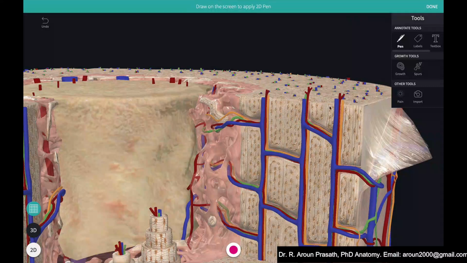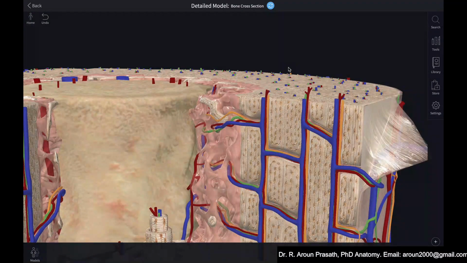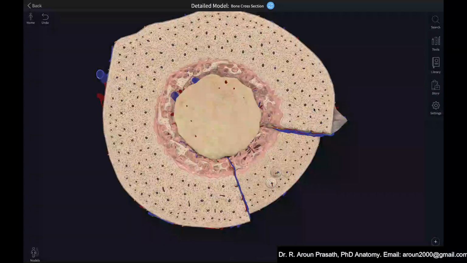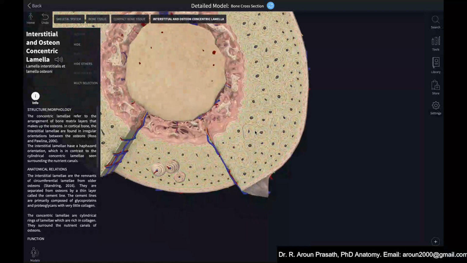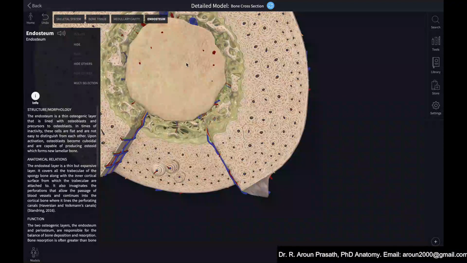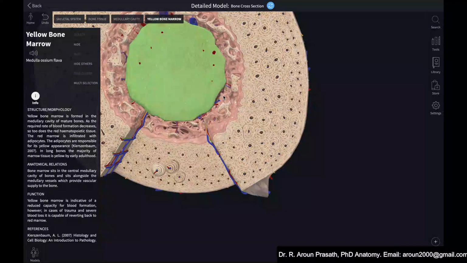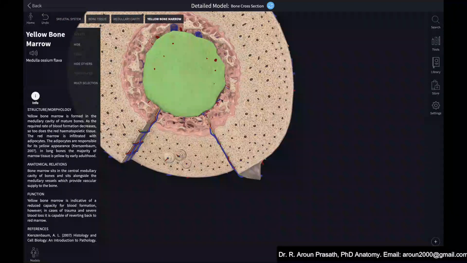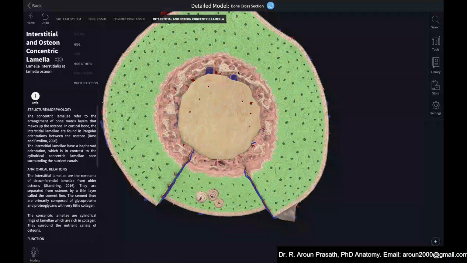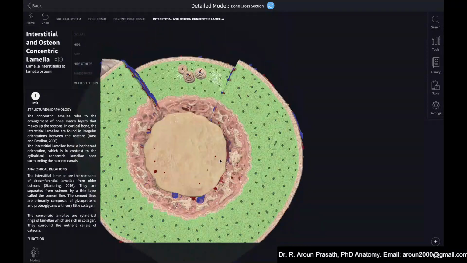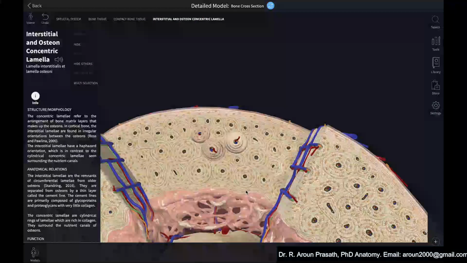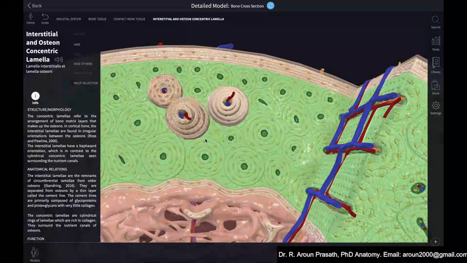So when you come to the microscopic structure of the bone, don't forget the periosteum, don't forget the endosteum. This is the endosteum. This is the spongy bone, and this is the medulla where the bone marrow is present. In the compact bone, there are circumferential lamellae, and in the circumferential lamellae you can see one circular lamellae.